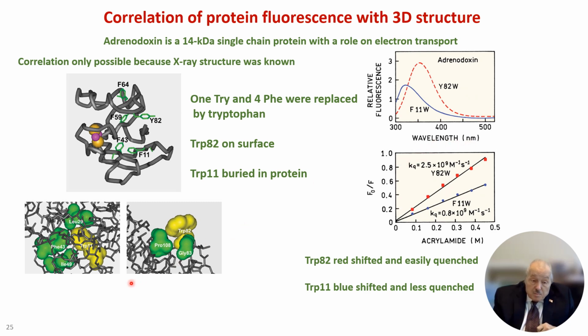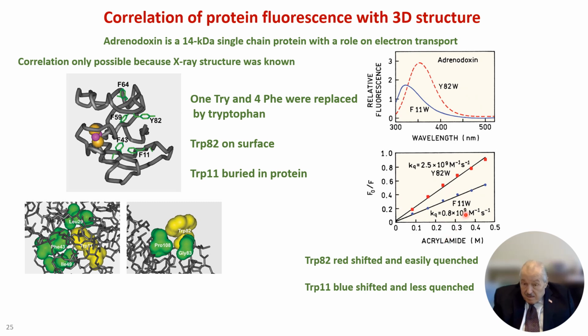The one that was buried, the W11, had a more blue-shifted, shorter wavelength tryptophan residue. In case you're confused by the F11 here, that's replacing the phenylalanine. And the quenching constants agreed with that.